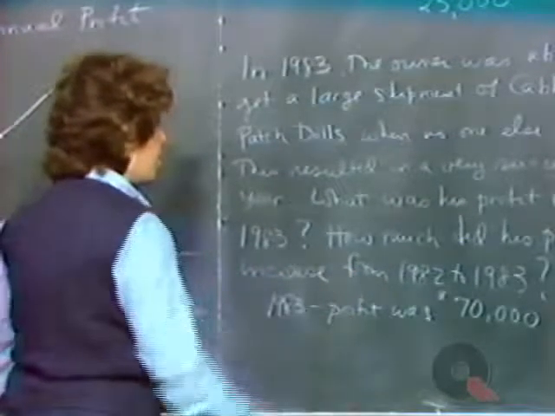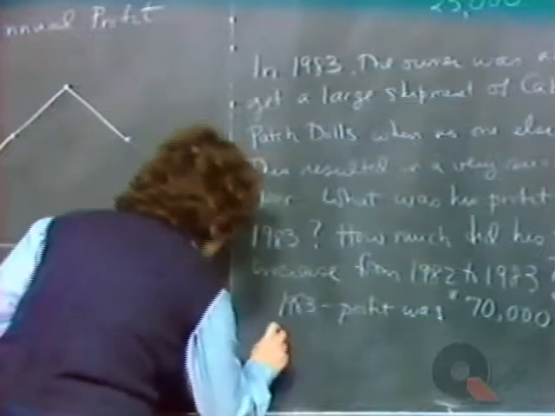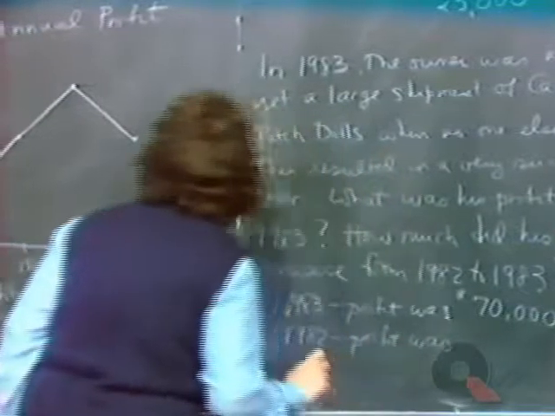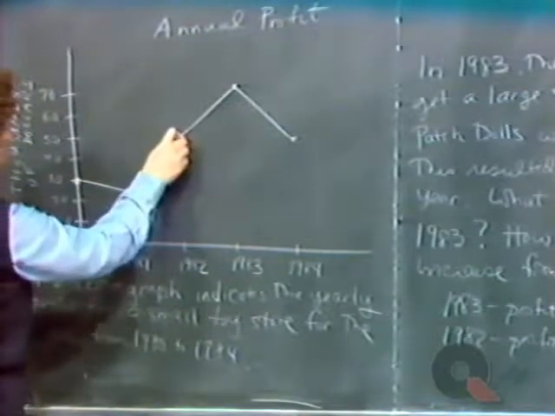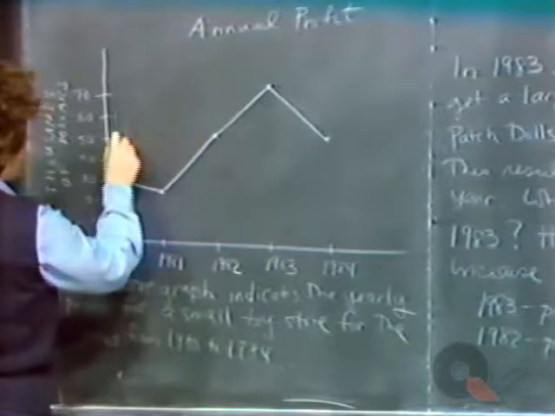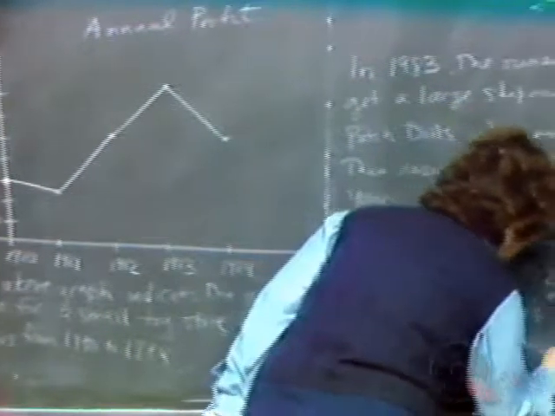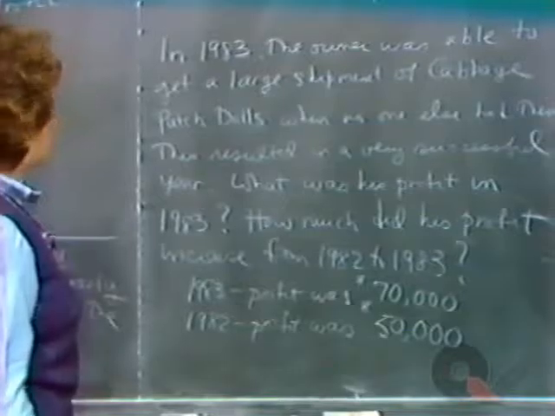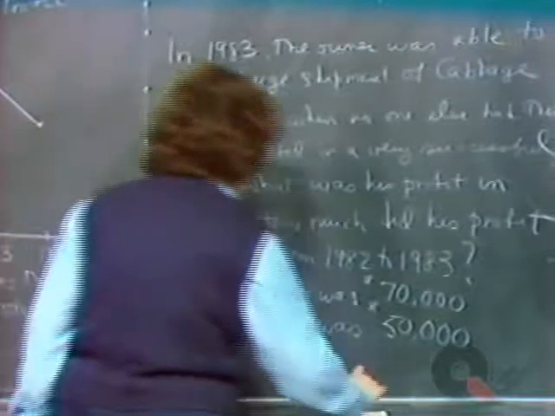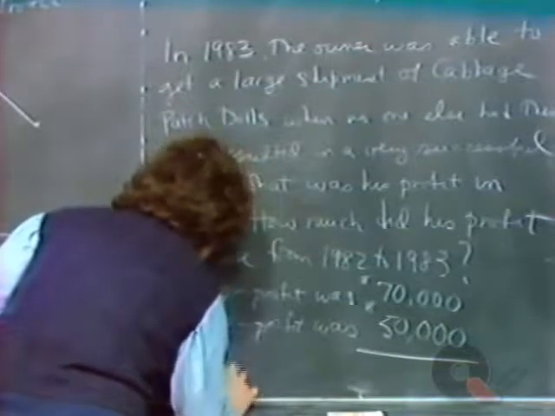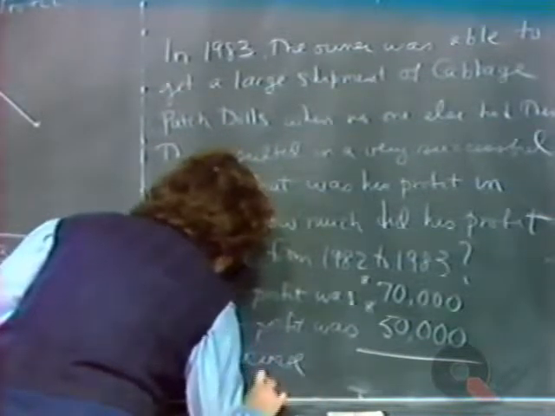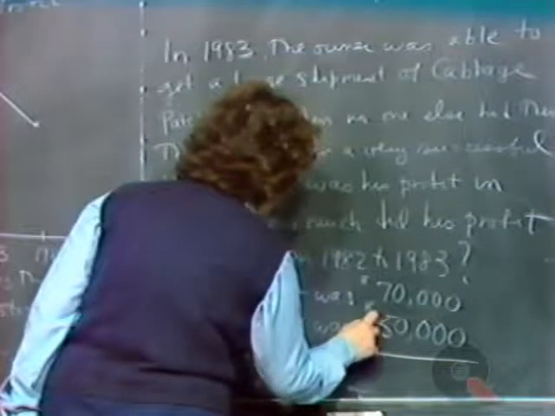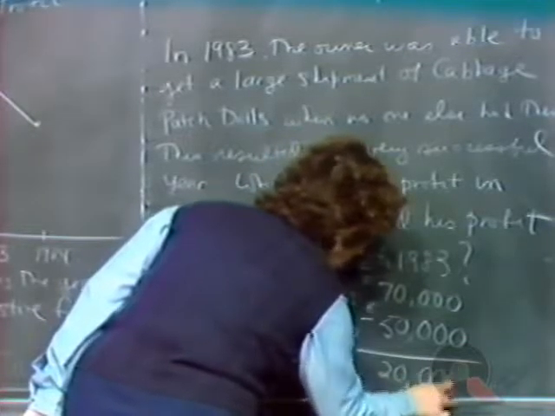Okay, and then from 1982 to 1983, well, in 1982, go up until you see the graph and follow it across here to see $50,000. So if in 1983 the profit was $70,000 and in 1982 the profit was $50,000, then subtracting, the increase in profit between 1982 and 1983 would be $70,000 minus $50,000, or $20,000.